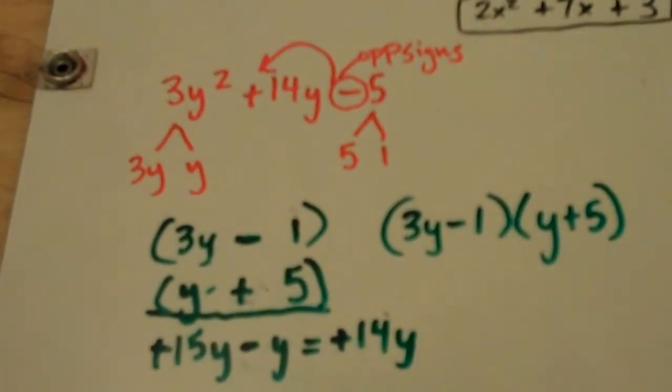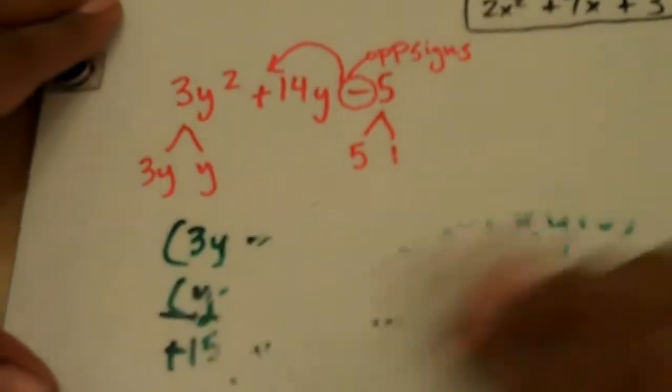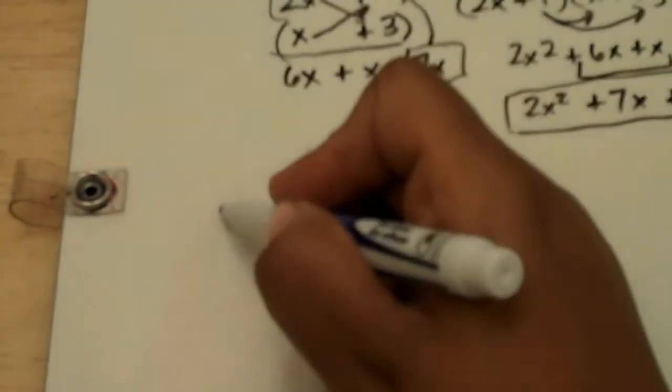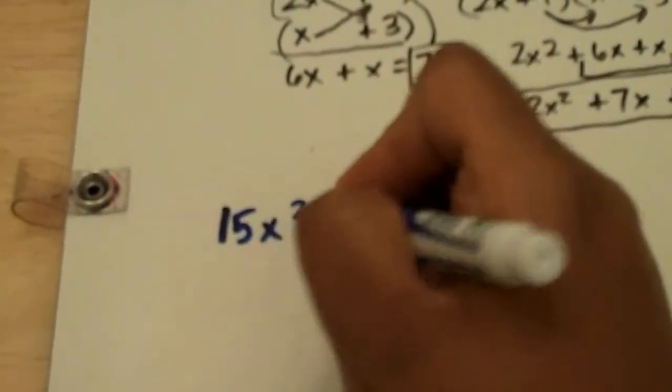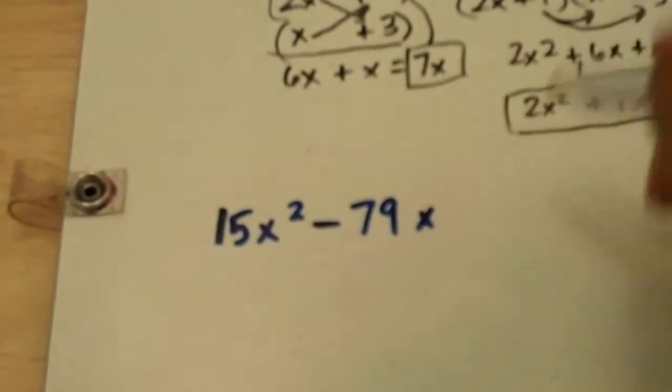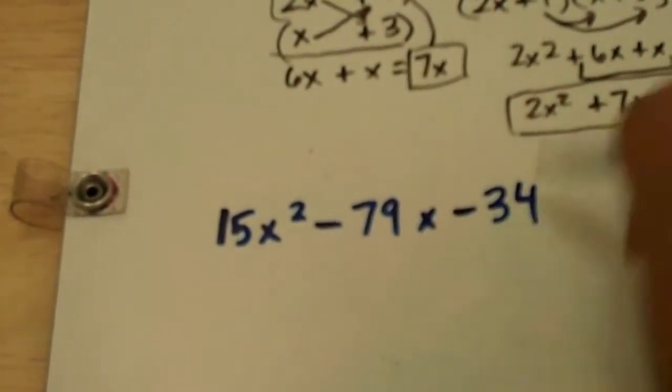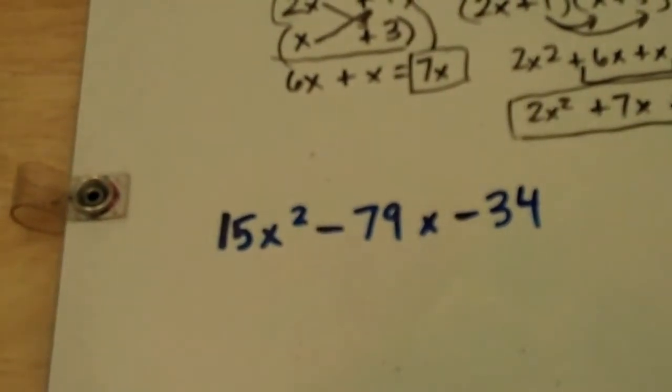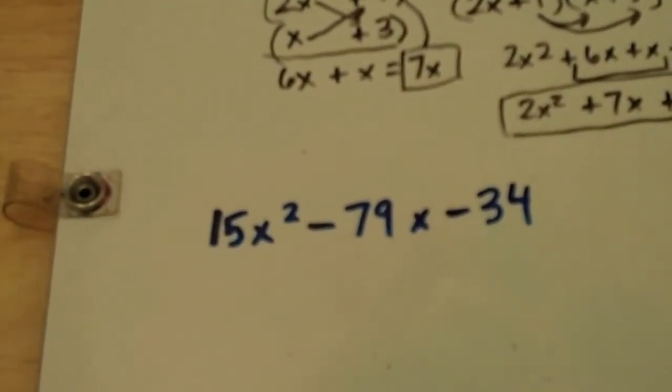Let's try one last one. We'll make it a doozy. This is a special one. So we have 15x squared minus 79x minus 34. This one might take a little bit of strategy. None of these are prime.